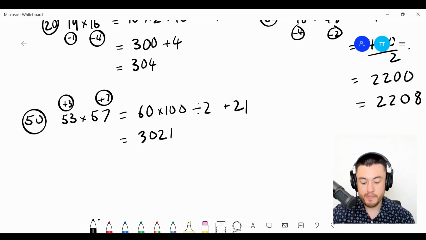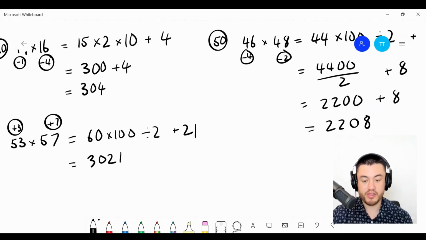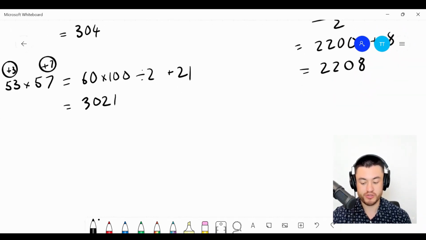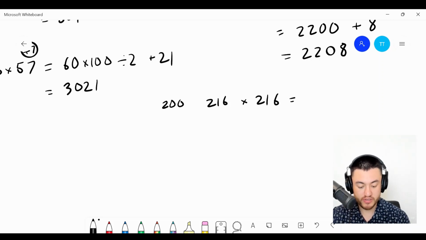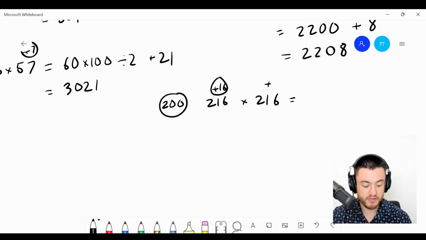All right, so you can even extend this to if we had 3-digit numbers and numbers that are close to 200 or even 500. For example, if we had something like 216 times 216, we can use 200 as our reference. This time we would be 16 above both of these.